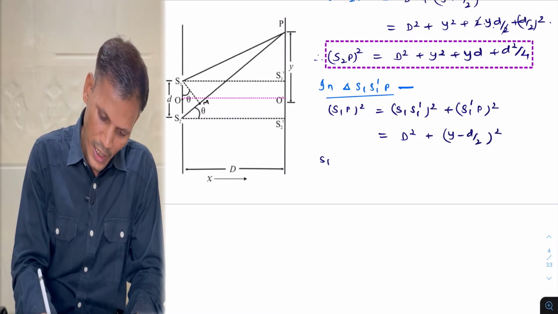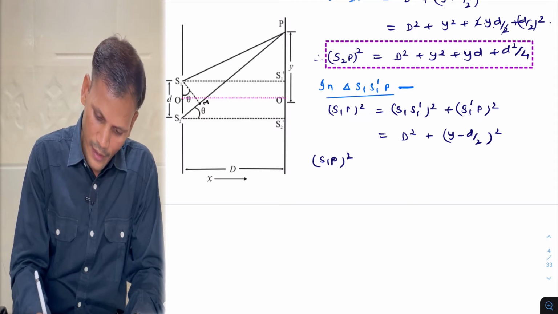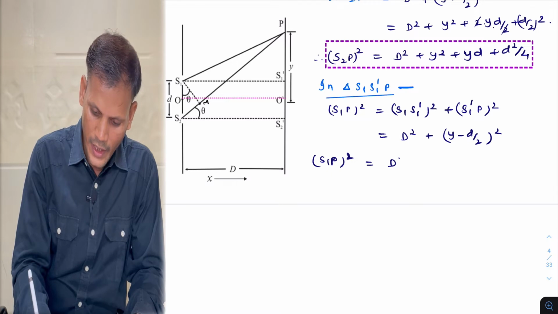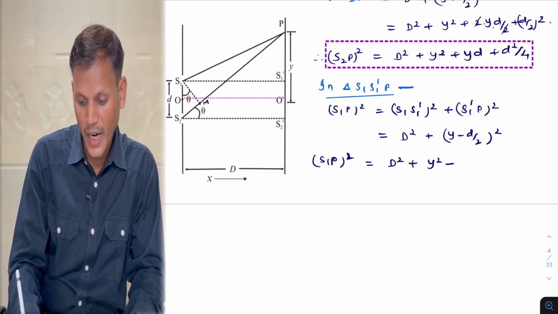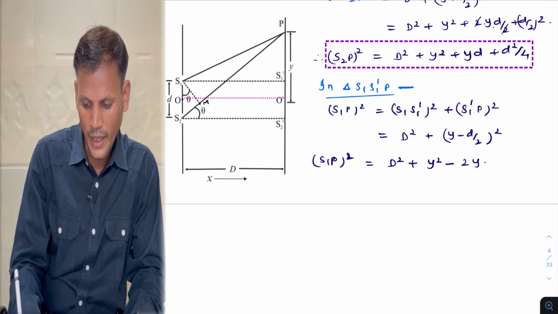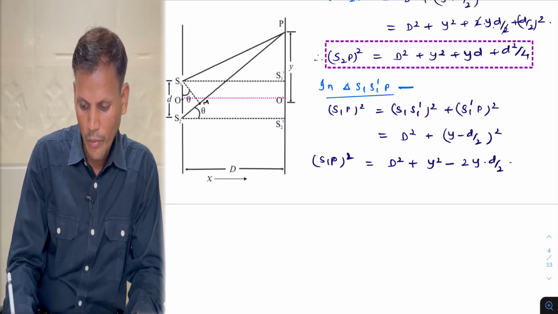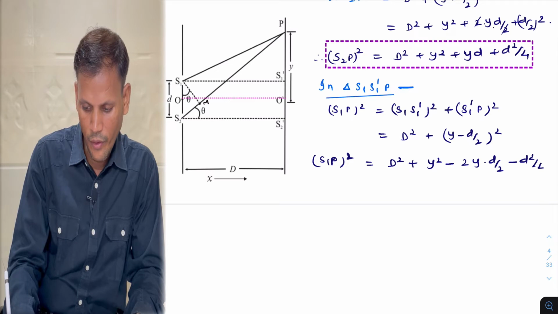So S1P square is equals to d square plus y square minus 2y into d by 2 plus d square by 4.